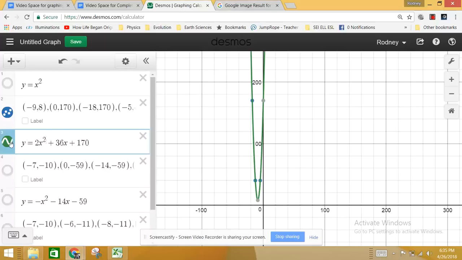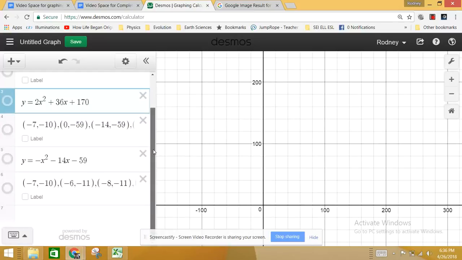However, there is a sneaky, easier way to do this. We're going to use the vertex point for this and the fact that it's a 2 as our coefficient, which means we're going to be doubling our pattern, that 1, 3, 5, 7, 9 pattern, and it's going to become a 2, 6, 10, 14, 18 kind of pattern.